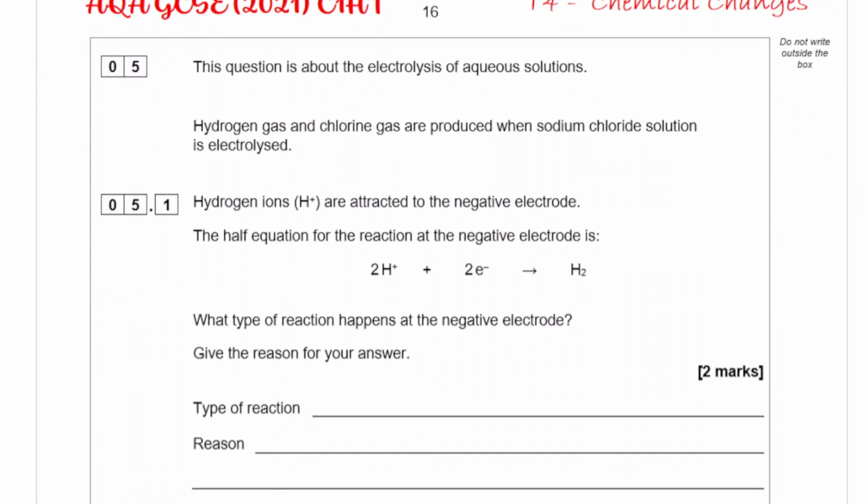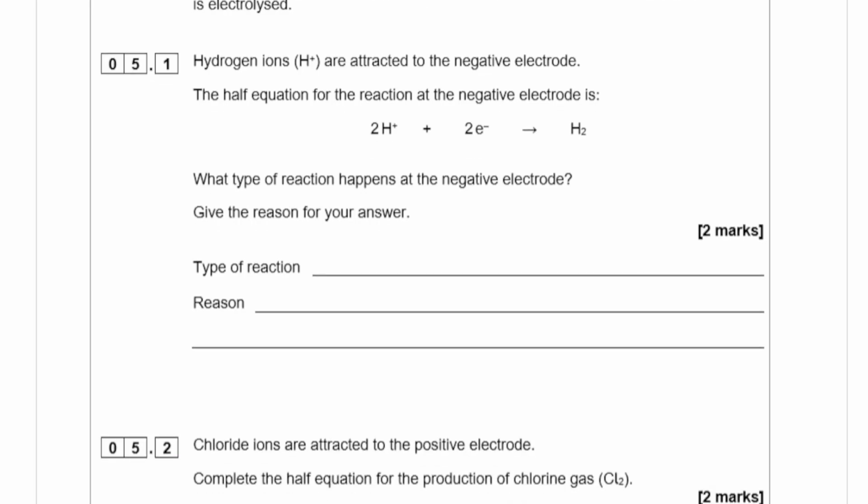Hydrogen ions, H plus, are attracted to the negative electrode. The half equation for the reaction at the negative electrode is 2H plus 2 electrons gives you hydrogen gas. What type of reaction happens at the negative electrode? Give a reason for your answer. So this is a reduction reaction.